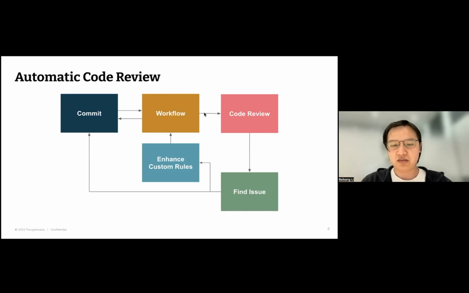Then they can pass the workflow once they satisfy all the traditional checks and custom rules. In this flow, the next time you do code review, you will find the similar issues gone, and the low-level issues also gone. So you only see something new. That is what we hope to achieve via an automated code review tool.